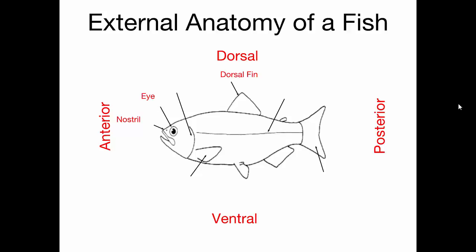The top fin, like you imagine in a shark movie, the fin that pokes out of the water as they're swimming around, that's called the dorsal fin. The tail fin is called the caudal fin. The one in the front is called the pectoral fin.